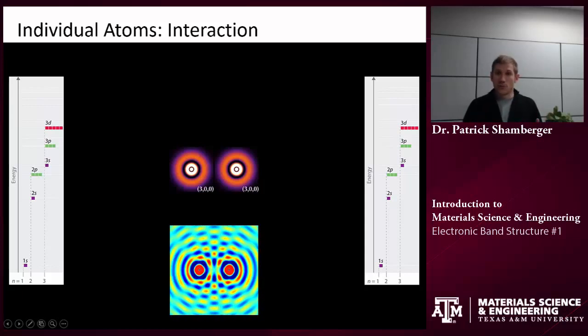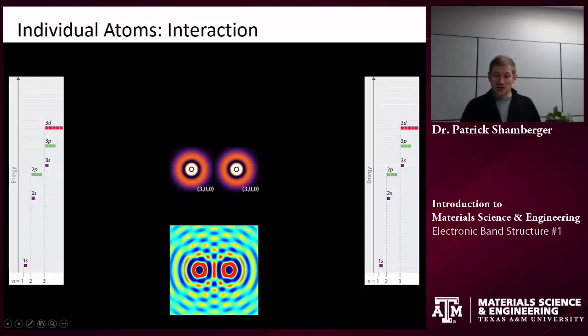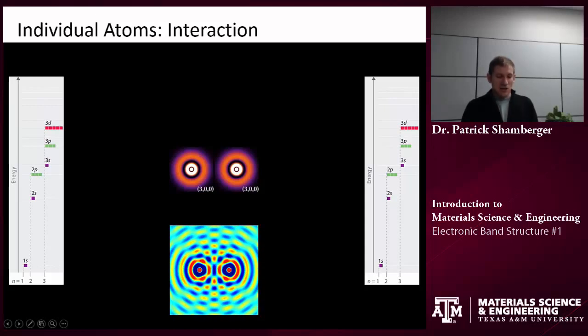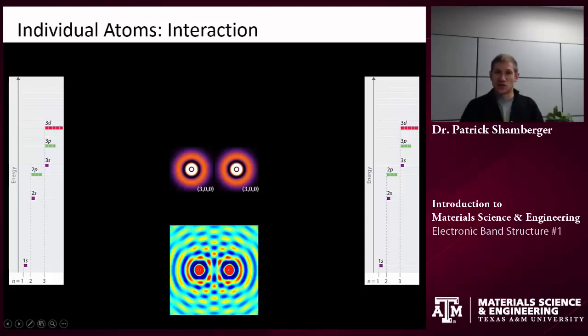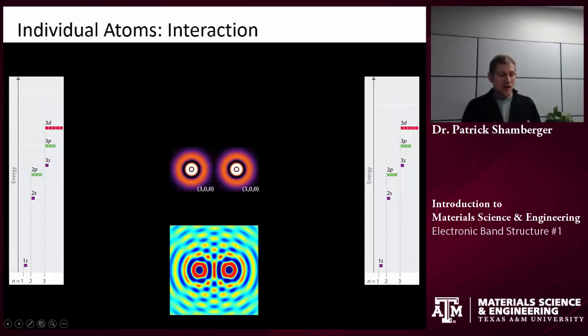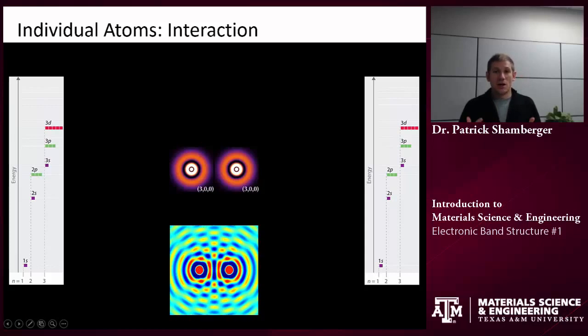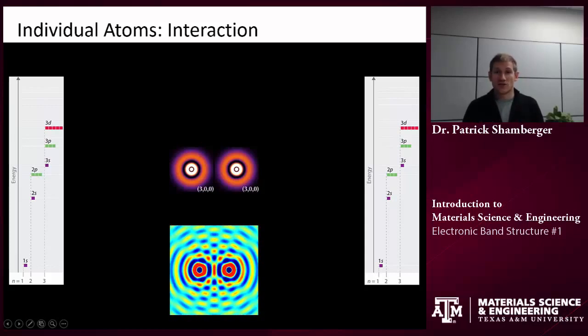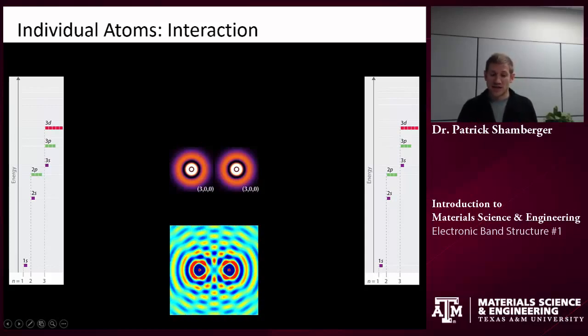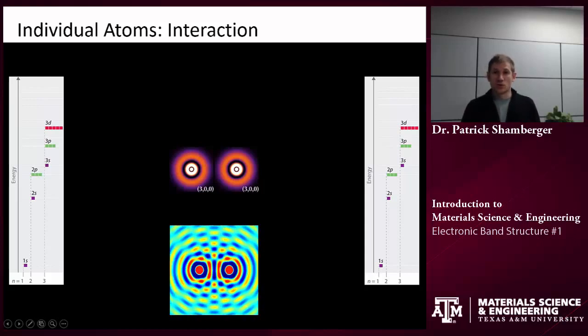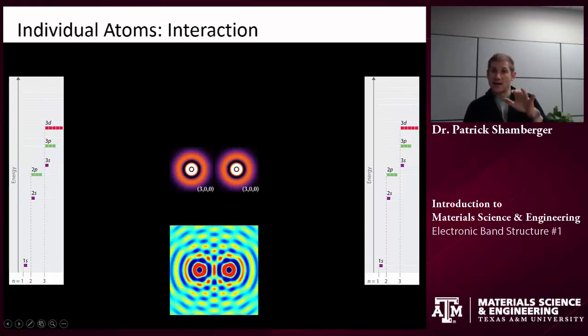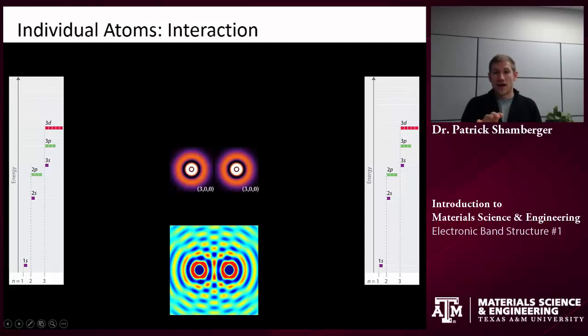If I have two different point sources, and they're each creating waves, those waves can overlap and add up. That's a constructive interaction. Or they can cancel each other out. That's destructive. Electron wave functions in atoms can behave exactly the same way, and so these orbitals will start to mix, and they'll either add up or interact destructively.